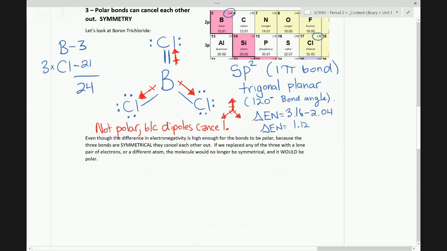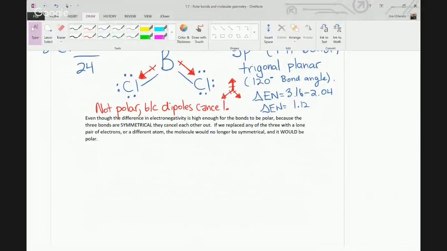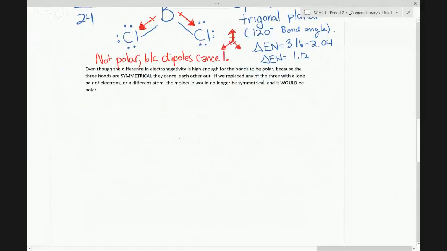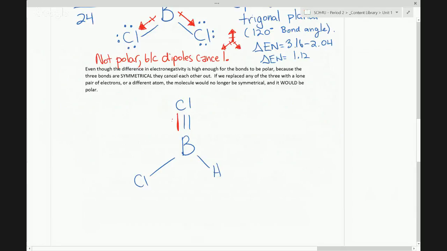All right, and so if we were to redraw this whole thing, but if we replaced one of those chlorines with something much closer to boron's electronegativity, say a hydrogen, we would end up with a different situation. So if I had boron bound now to hydrogen, chlorine, and chlorine, in this case, we would say that there's a dipole here and a dipole here, but no dipole here.